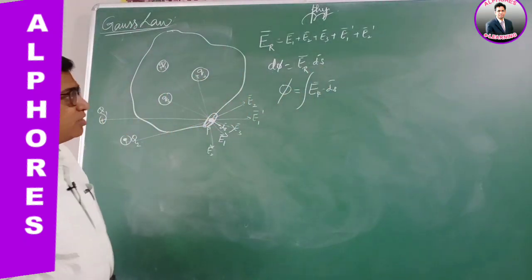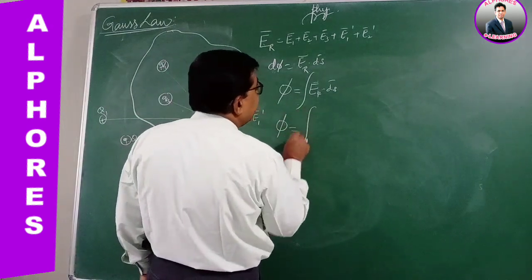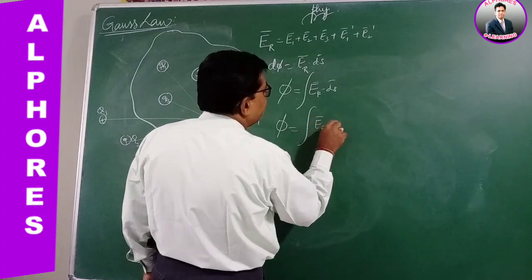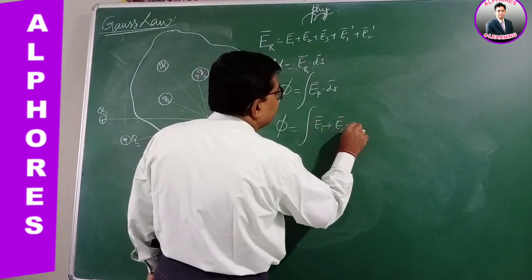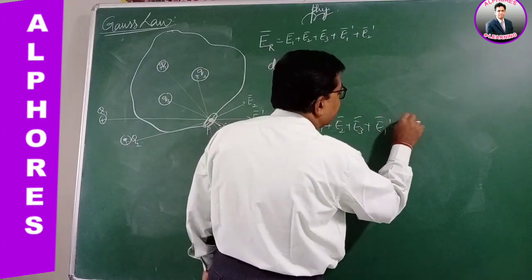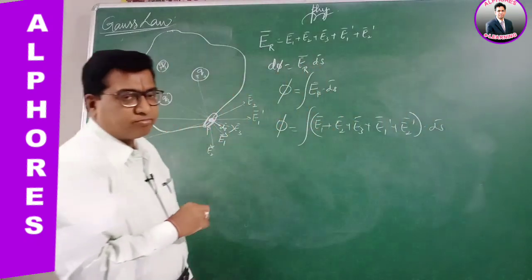So therefore, the total flux I can take as the integral of the resultant, that is, E1 bar plus E2 bar plus E3 bar plus E1 dash bar plus E2 dash bar dot dS.